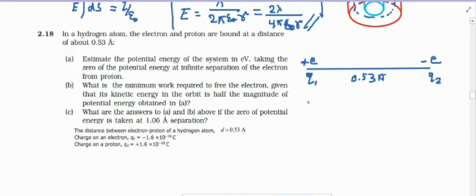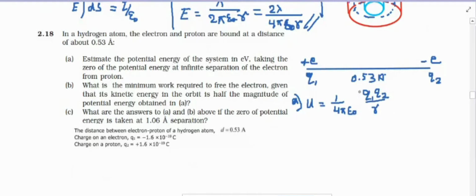Potential energy is what you are asked to calculate in part A. The potential energy U of the system, our formula is Q1 Q2 divided by 4 pi epsilon naught R. Here Q1 is equal to e and Q2 is equal to minus e. But at the same time, it is given in the question to estimate the energy of the system in electron volt.